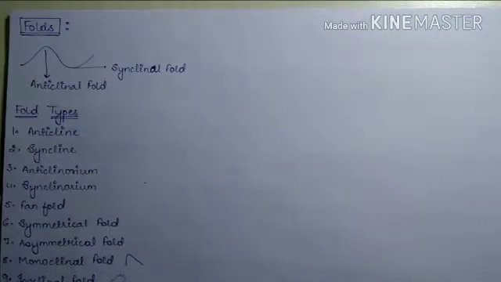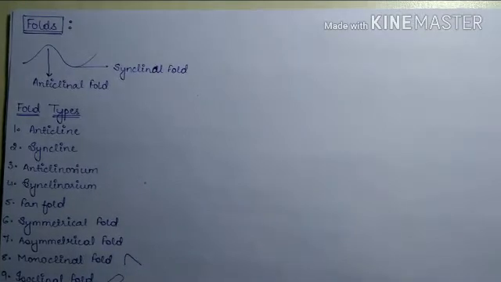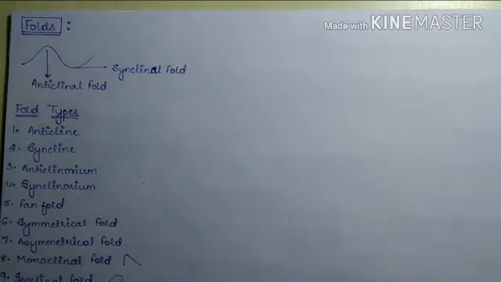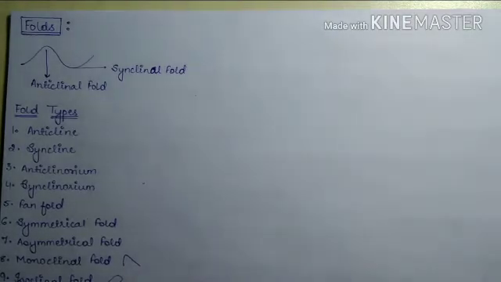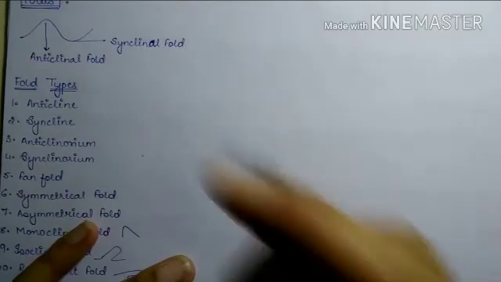So before we study folds, first I want to give you a small definition about folds. The folds are wave-like bending in the crustal surface of the rock. Okay, so basically we can see two types of fold, that is anticlinal fold, that is upward fold, and synclinal fold.